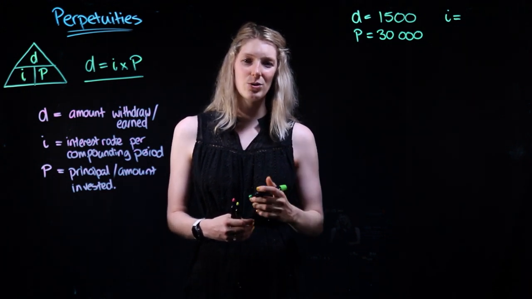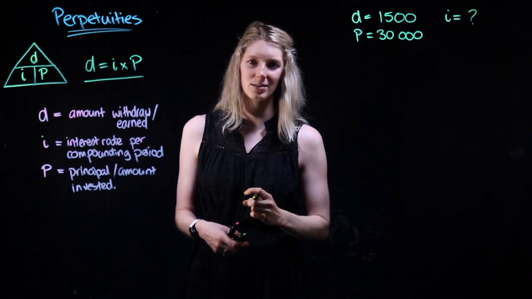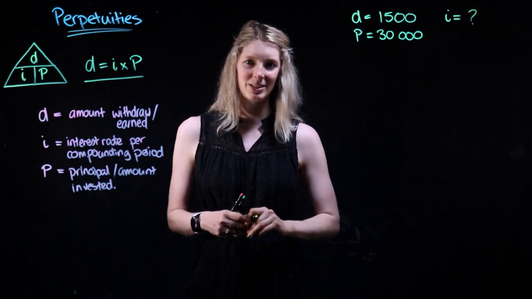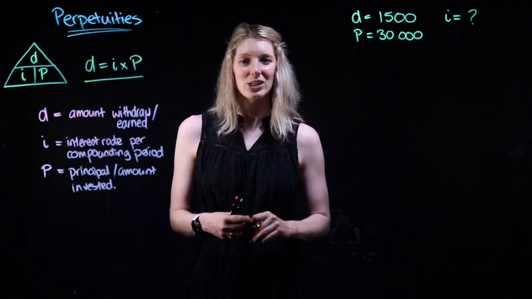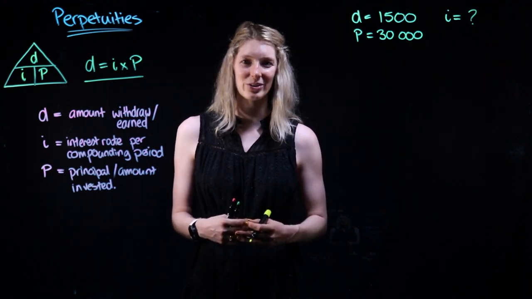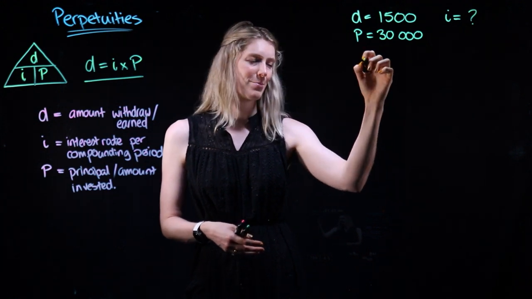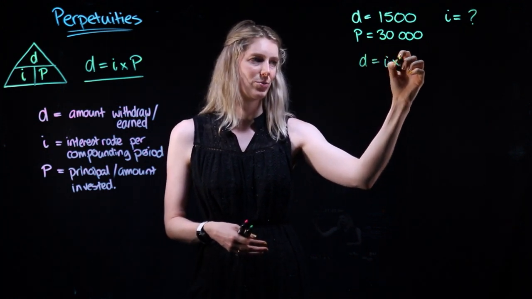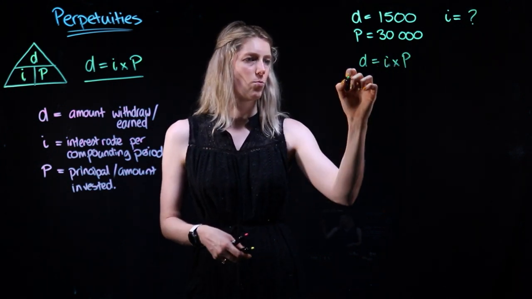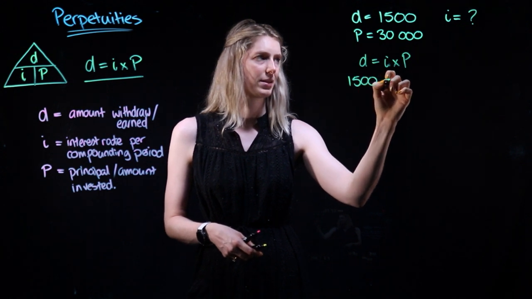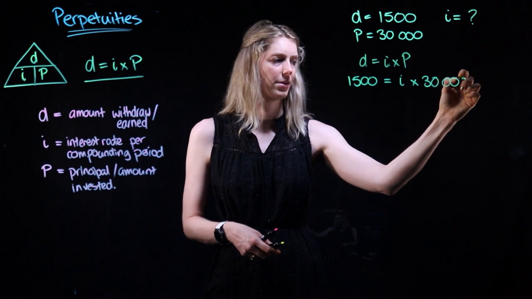We want to find the annual interest rate that is required for this prize. Note that this particular example is working in a per annum interest rate, so we aren't going to have to do any changes to our solution at the end. Now that we've identified two of our three variables, we can substitute it into our perpetuity formula, where we will have 1,500 equals I multiplied by 30,000.